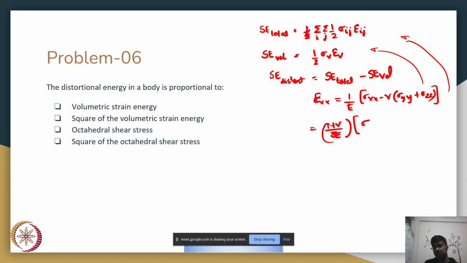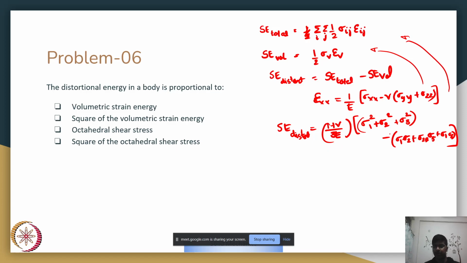I'm writing this in terms of principal stresses, minus of sigma 1 sigma 2, sigma 2 sigma 3, plus sigma 1 sigma 3. So this is how your distortional strain energy density would look.